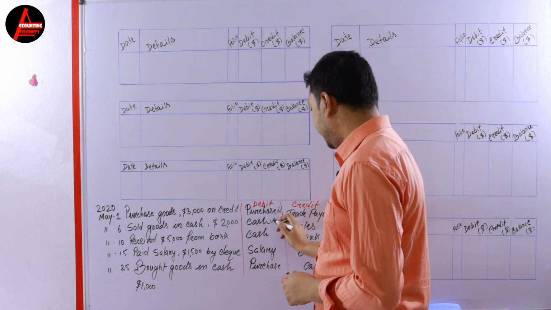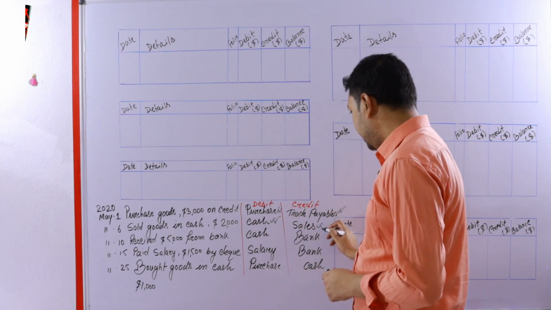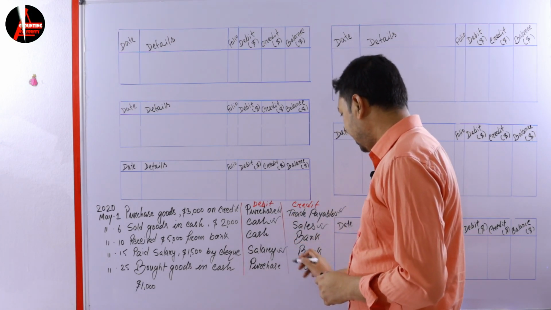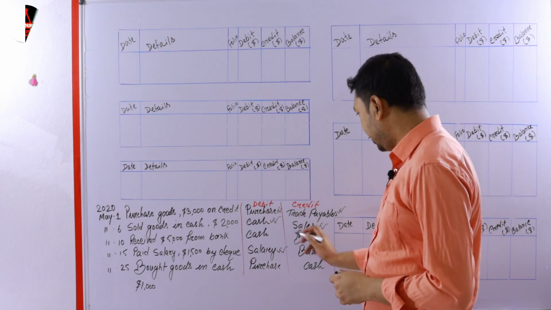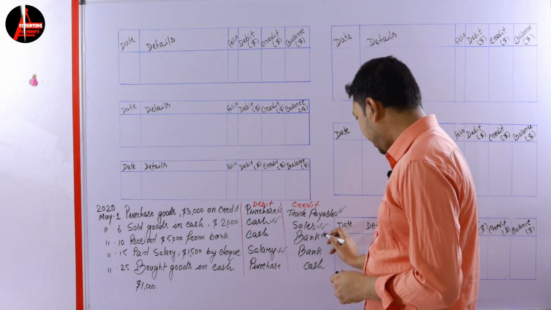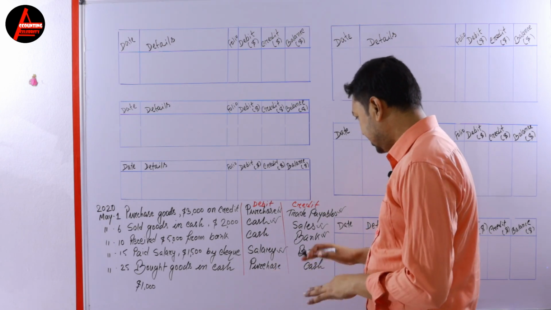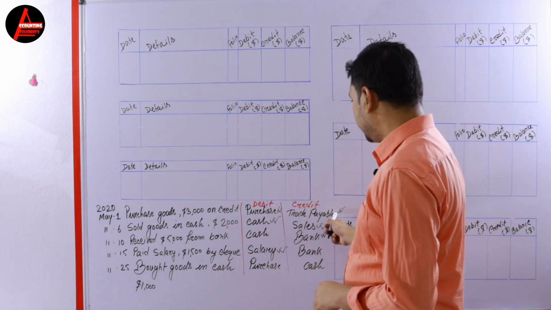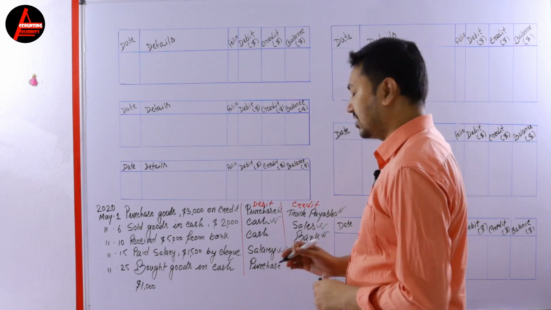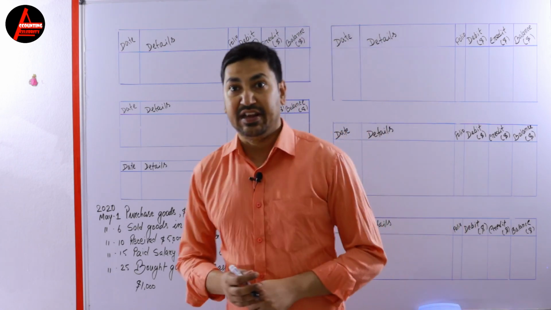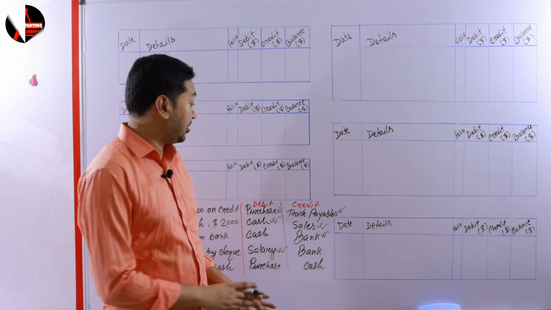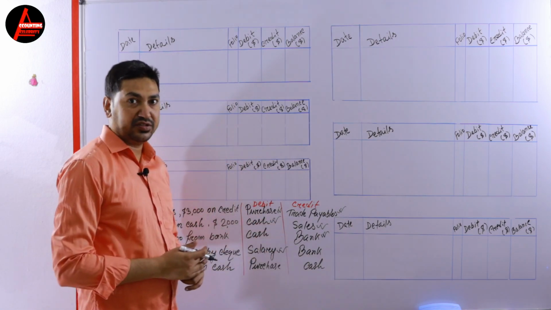Then we have cash, sales, salary, and bank was not taken, so let us take bank here. So that is 1, 2, 3, 4, 5, 6. We have to prepare 6 ledgers from these 5 transactions, 10 accounts.